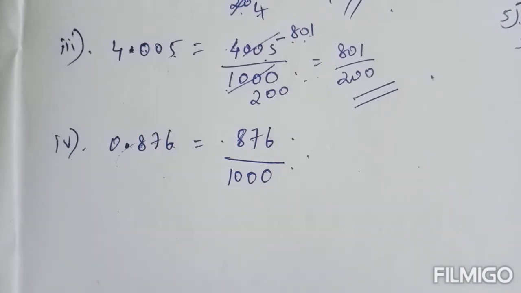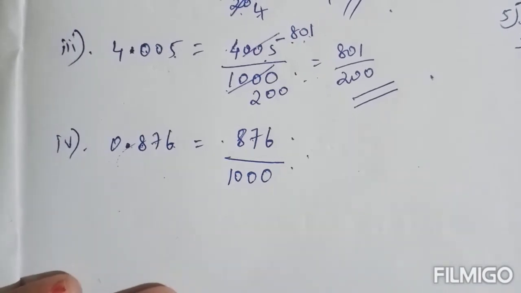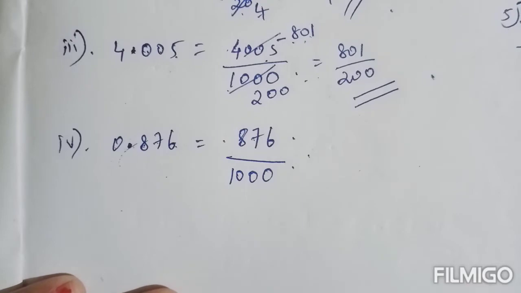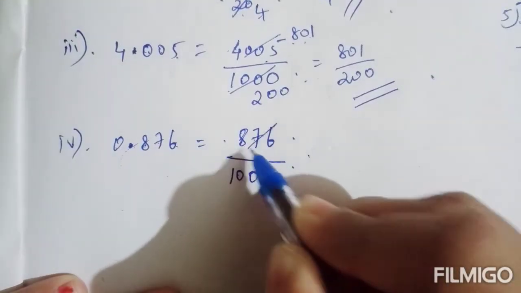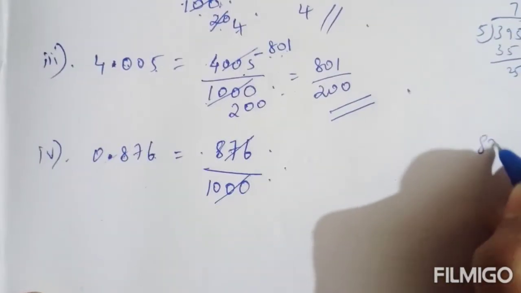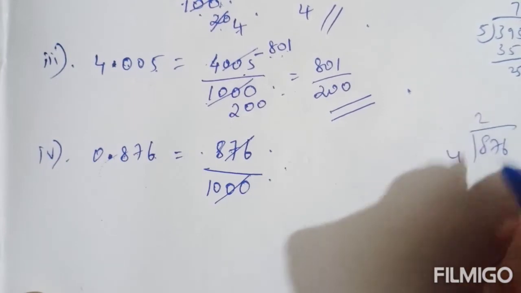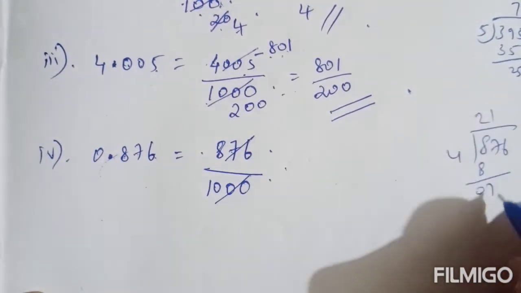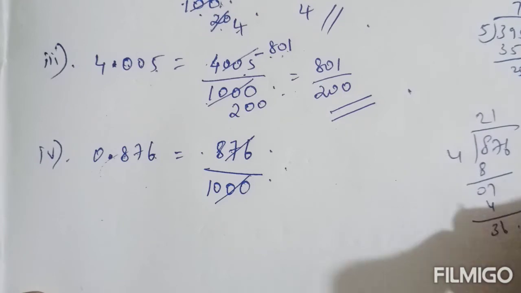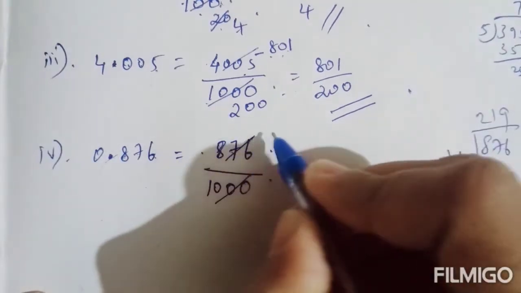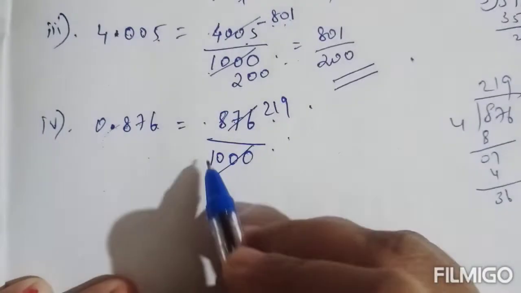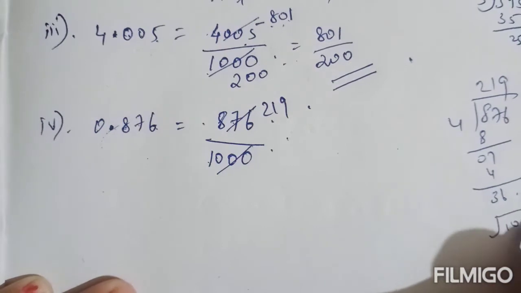Both will go in 2 or 4. It will go in 4. 876 divided by 4: 4 into 2 is 8, 4 into 1 is 4, 36, 4 into 9. You will get 219 here. And 1000 divided by 4, what will you get?